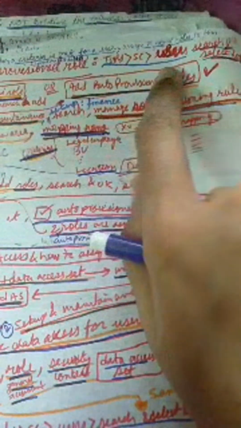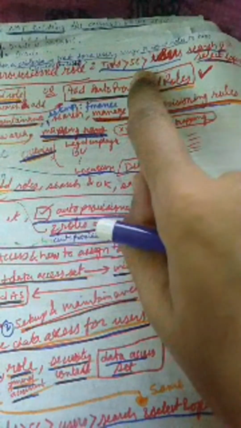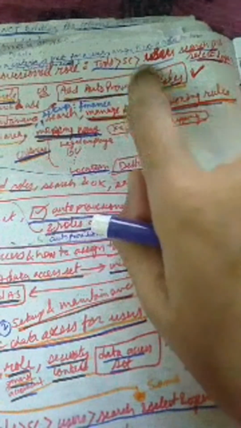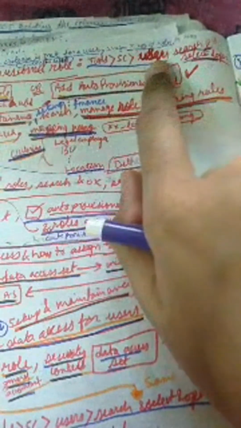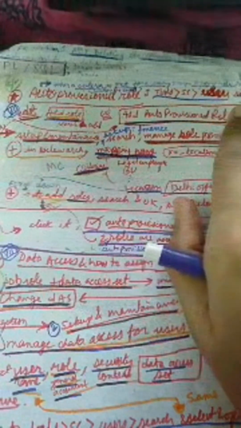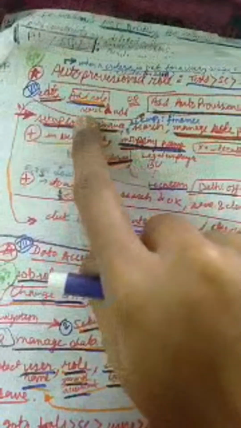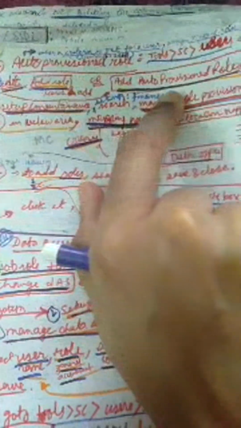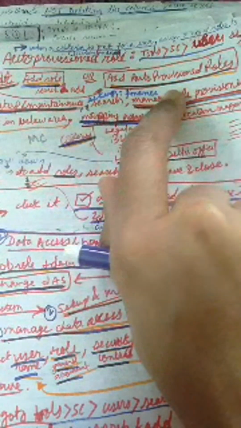Next, I'll come to tools, security console, users. I'll search the username, click on it, and click on edit. Then we have two things here, add role and add auto provision role. I'll click on auto provision role.